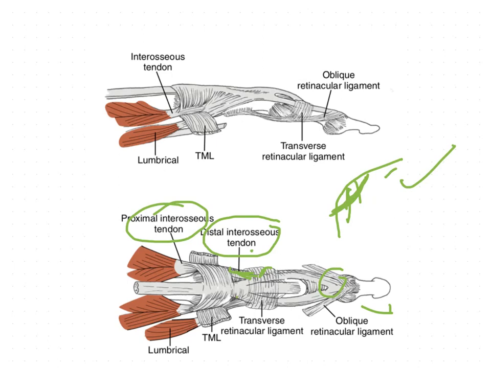So if you see the overall role of the interossei regarding MCP flexion and IP extension, both proximal and distal interossei contribute to the MCP flexion torque.